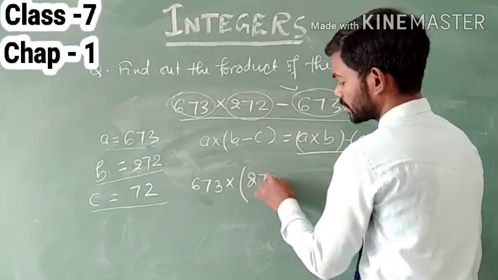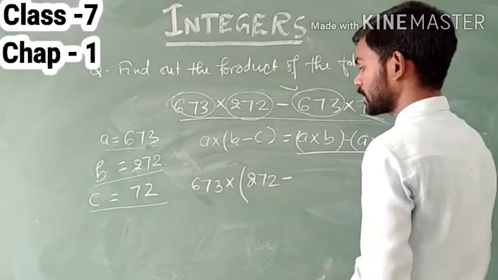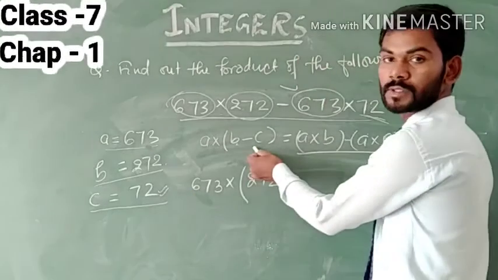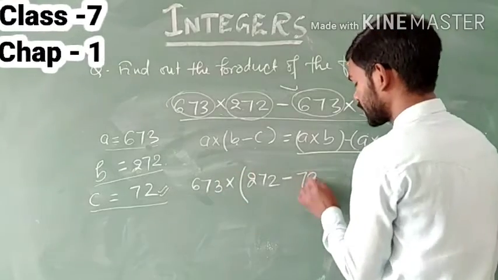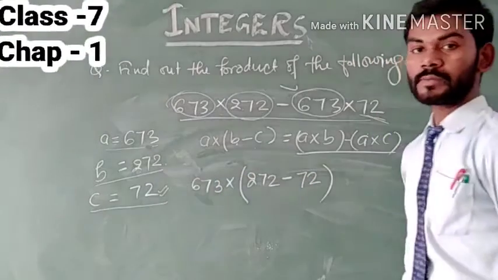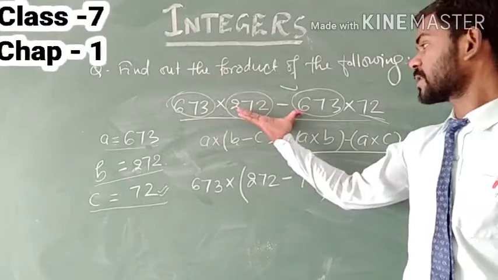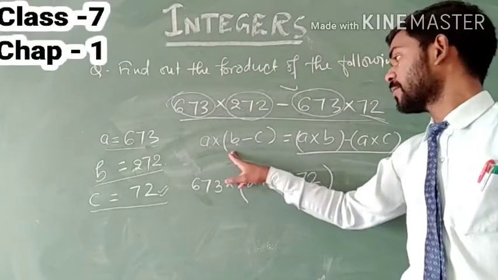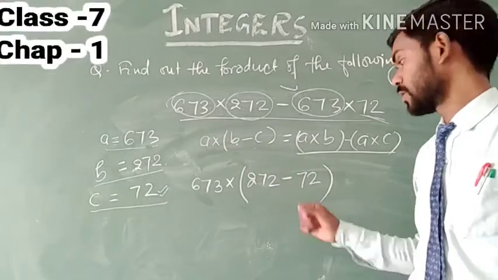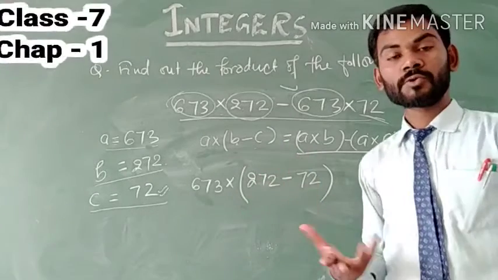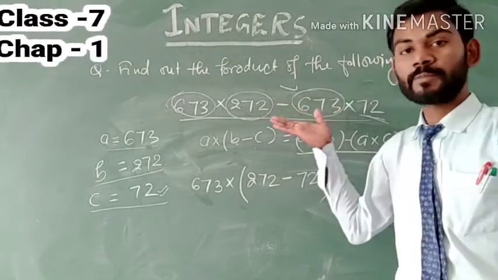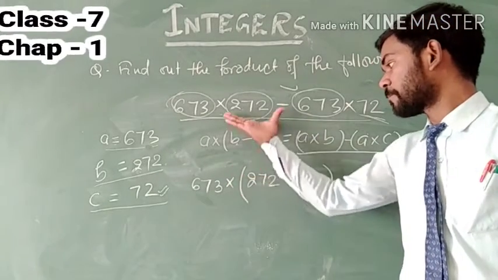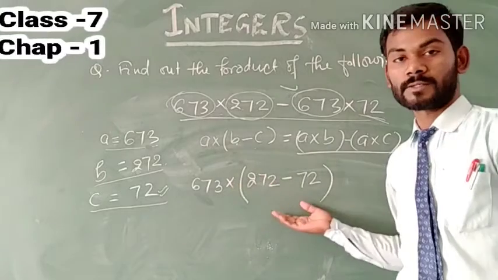So we write 272 minus, we shall write 72 at the place of c. Okay. Therefore, this expression has been written in the form of a multiplied by (b minus c). This is because we want to make this multiplication easy. Therefore, we write this expression in this form.